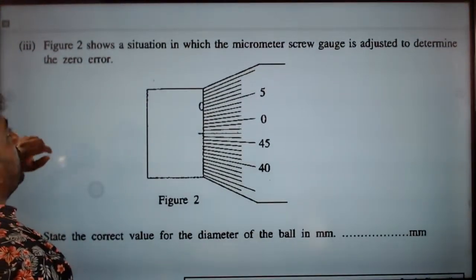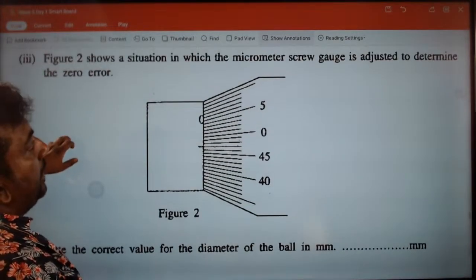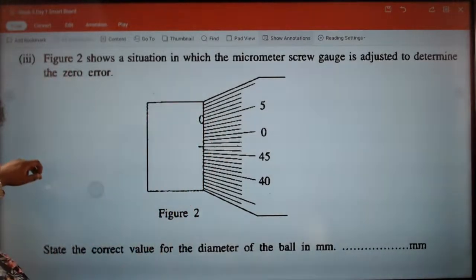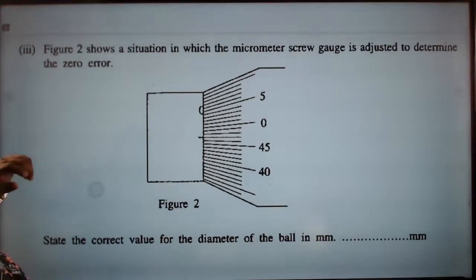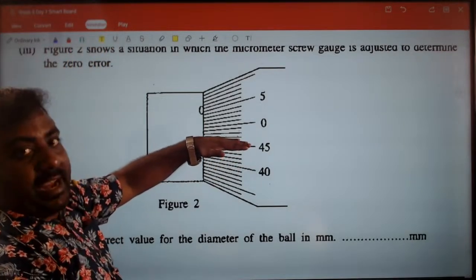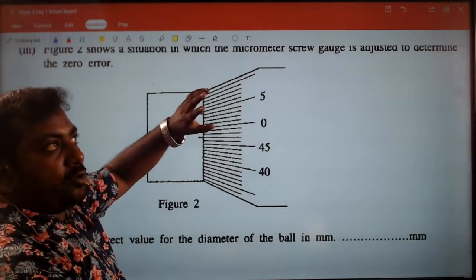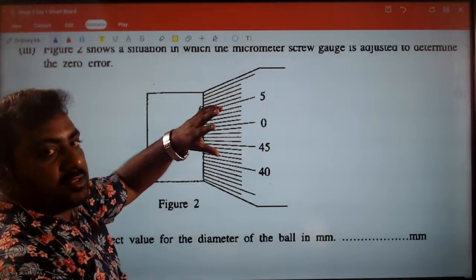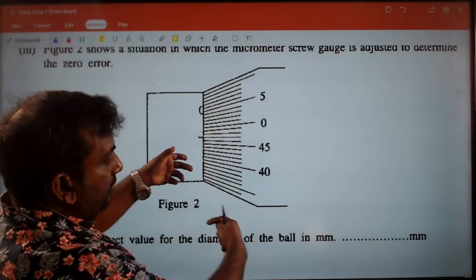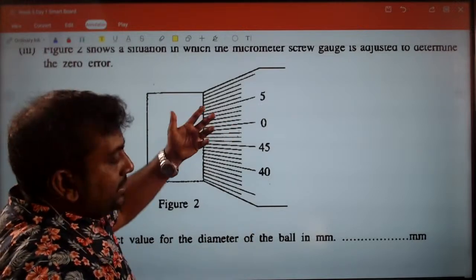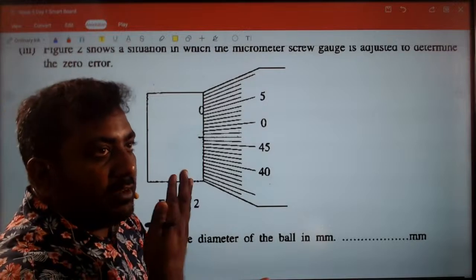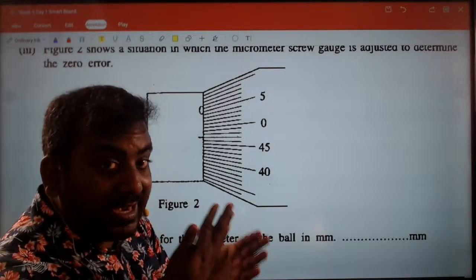Figure 2 shows the situation where the micrometer screw gauge is adjusted to determine the zero error, right? Tell me, circular scale is above the linear scale. Are you reading more than the actual value or less than the actual value? So actually what happens is you're rotating this anti-clockwise. Here to here the measurement disappears. You're reading less than the actual value. If you're reading less than the actual value, this is a negative zero error.